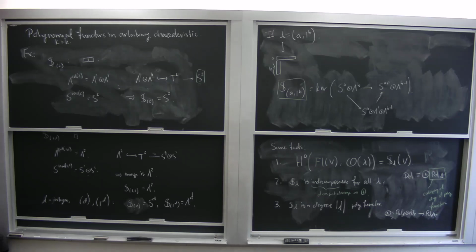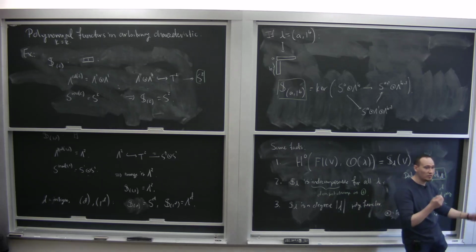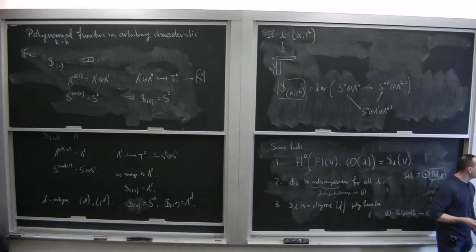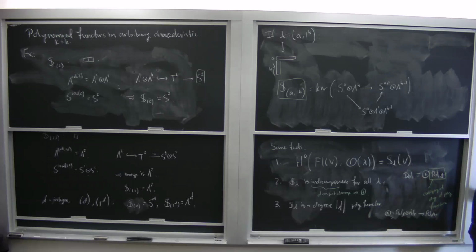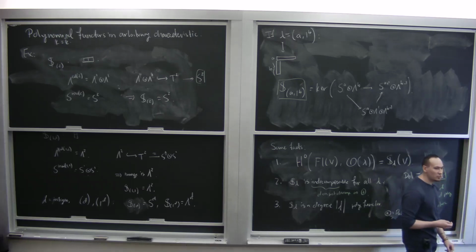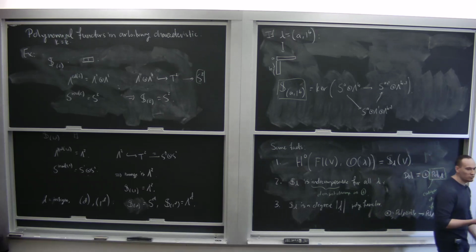So in many ways, the characteristic zero story is both interesting and boring. It's still remarkably complicated. This doesn't mean that it's trivial. I'm going to write right below this. Equivalently, if you ask me to hand you a polynomial functor P, then all I need to do is hand you back a direct sum of Schur functors.